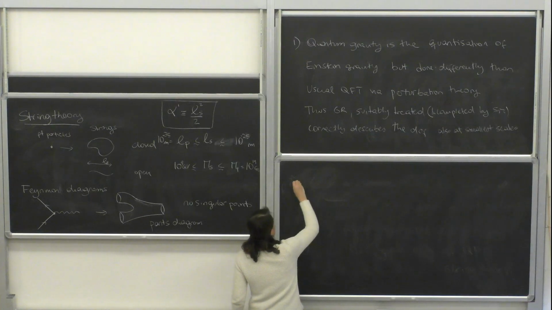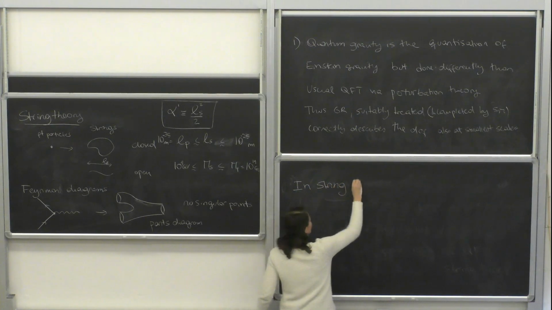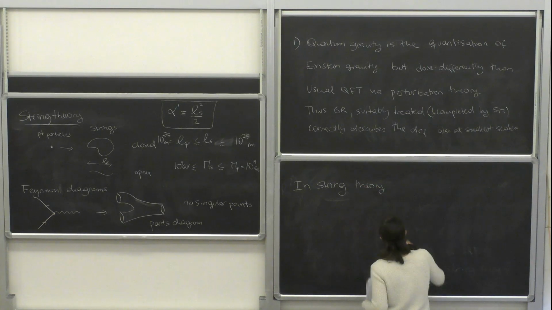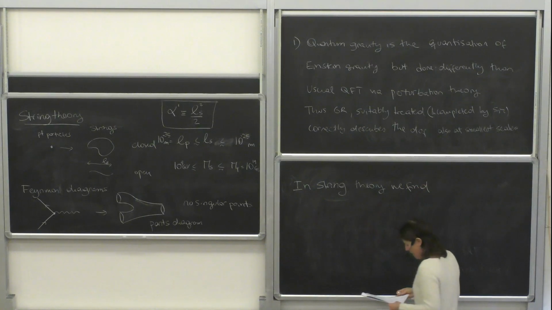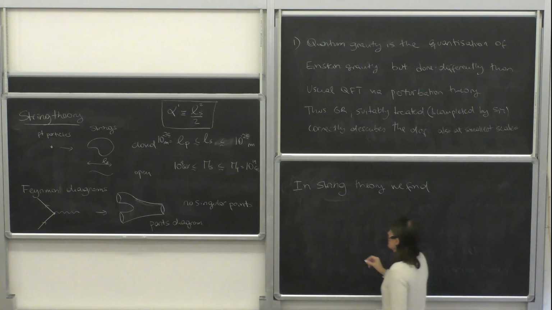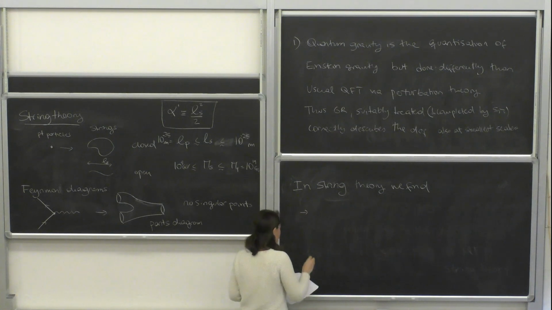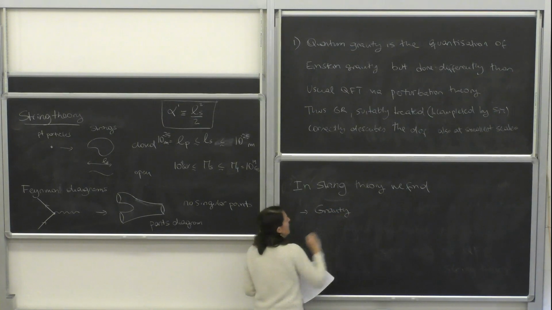Okay, and so to motivate you further, we will see all this, but let me anticipate the nice features. So we will find gravity. What does it mean that we will find gravity?